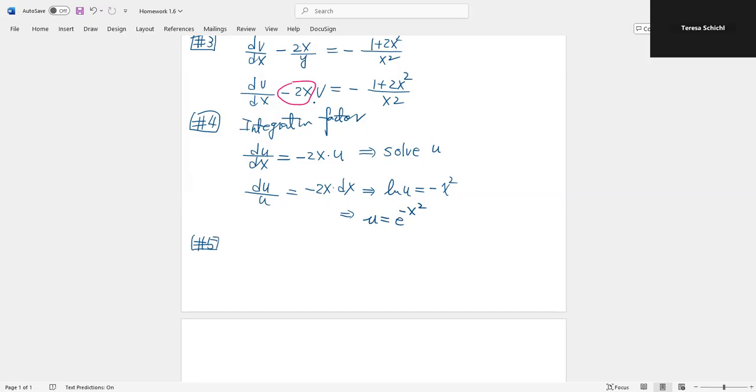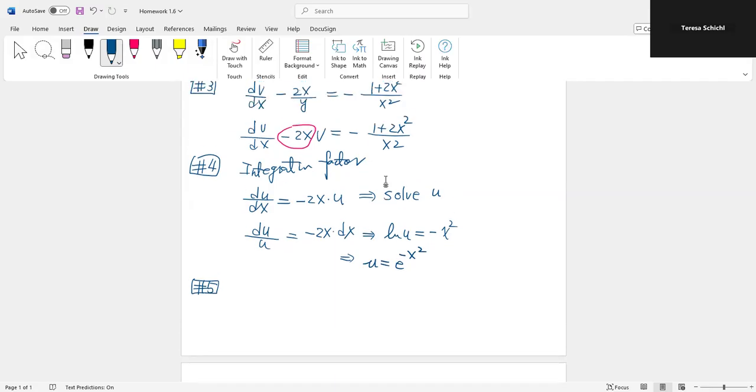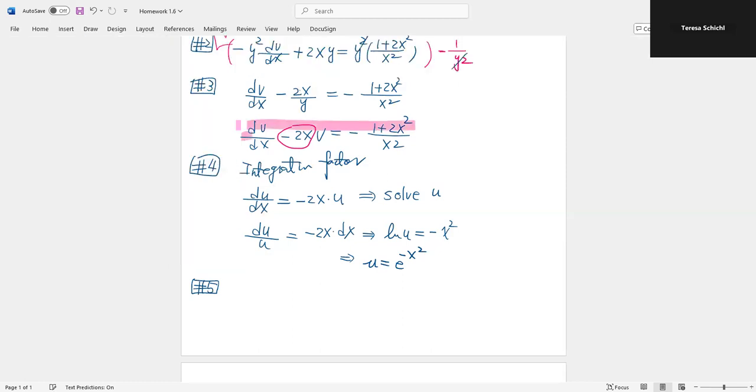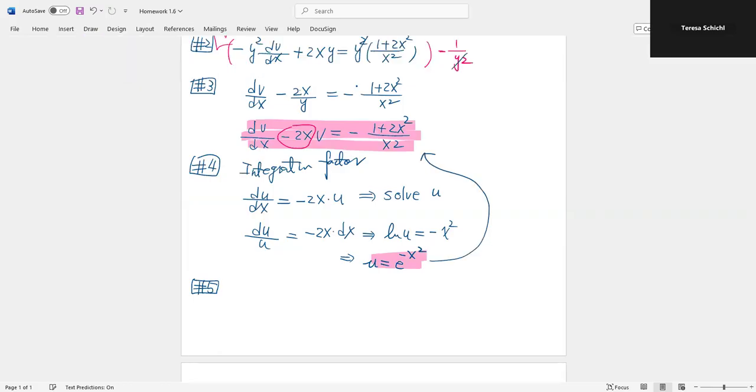Now after I did this, what do I need to do? Let me highlight my new equation here. This is my new first order equation. I'm going to multiply this on both sides, like we always did.